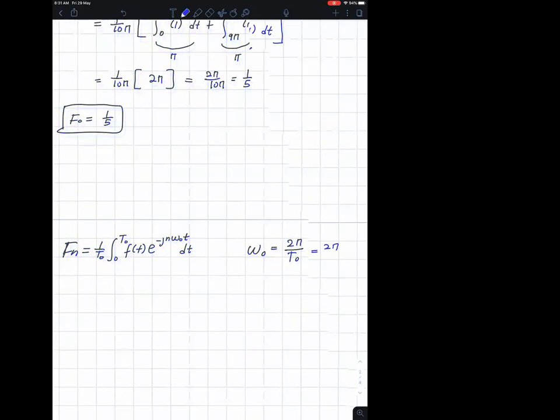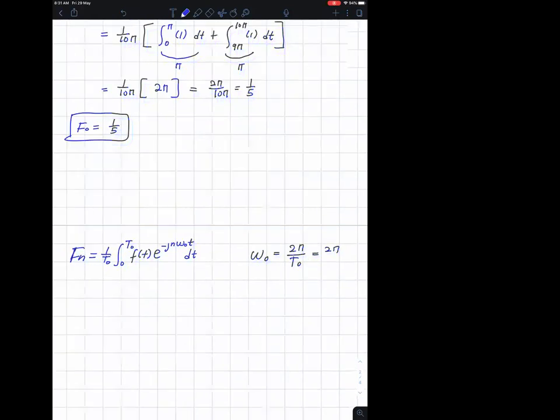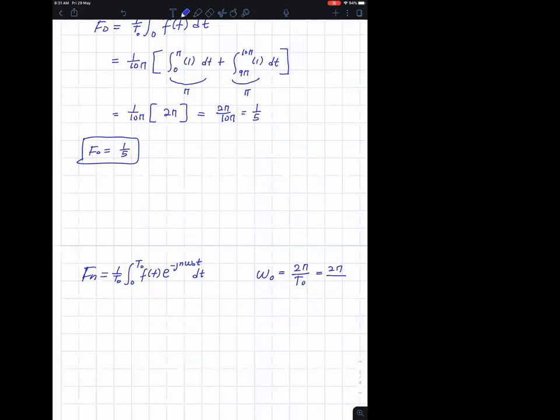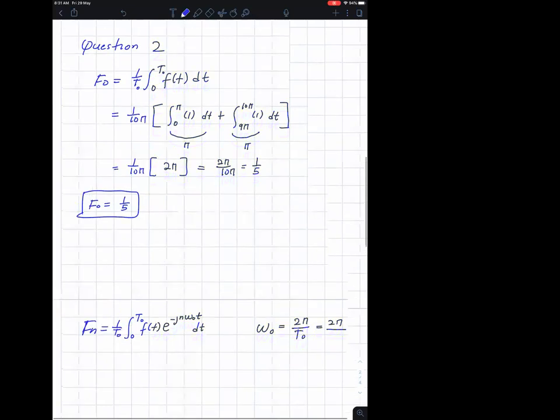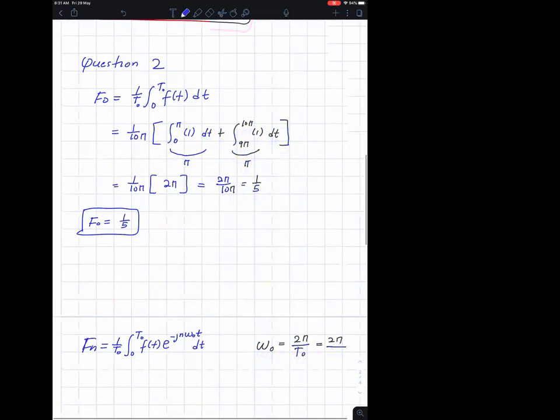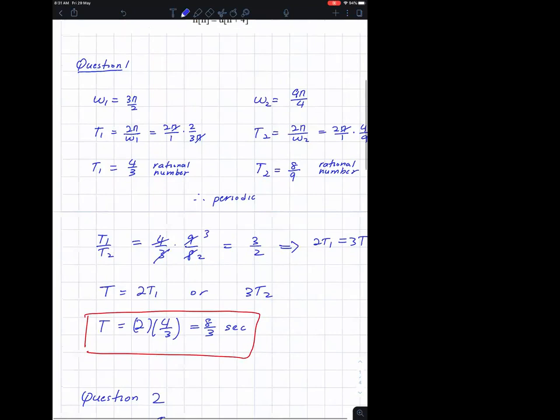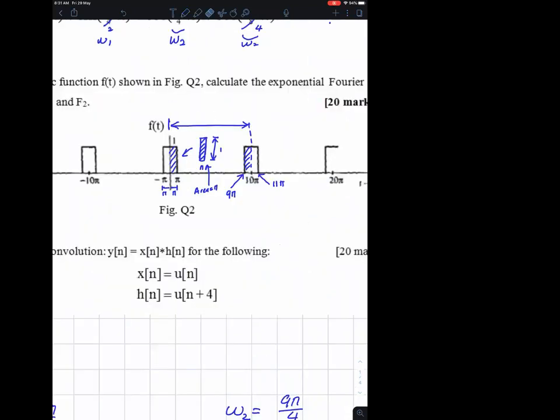What is T naught? 10 pi. If you look at the signal here, going back to the signal, this is T naught. Now what is T naught? 10 pi. Right.